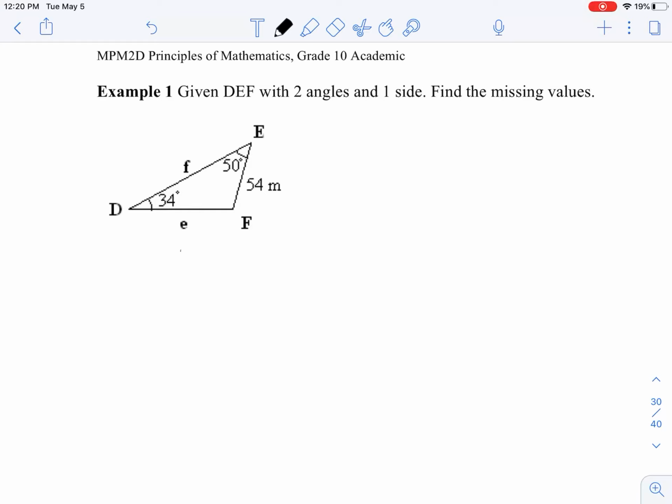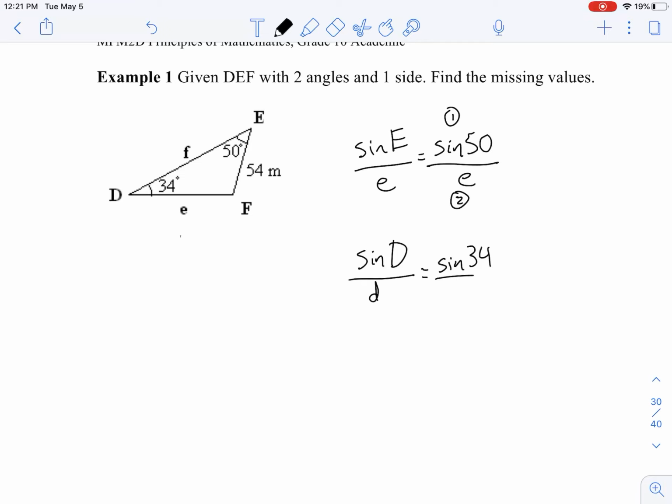If I take a look at something that I know complete, sine D over D, side length D. Notice how I have the angle, which is sine 34, divided by 54. Notice how I have 2 pieces of this ratio. In the sine E over E, I only have 1 of the 2 pieces of the ratio.